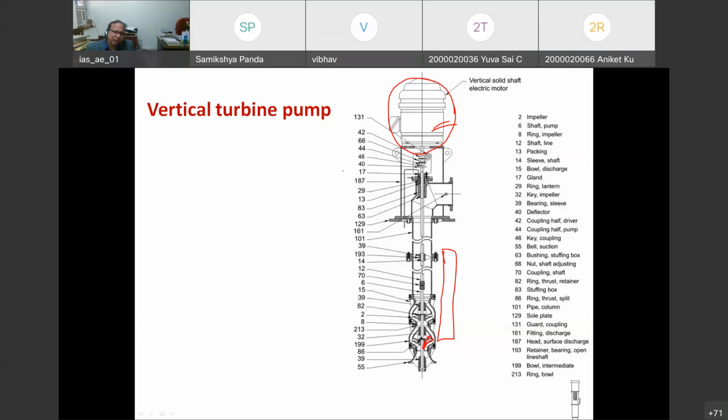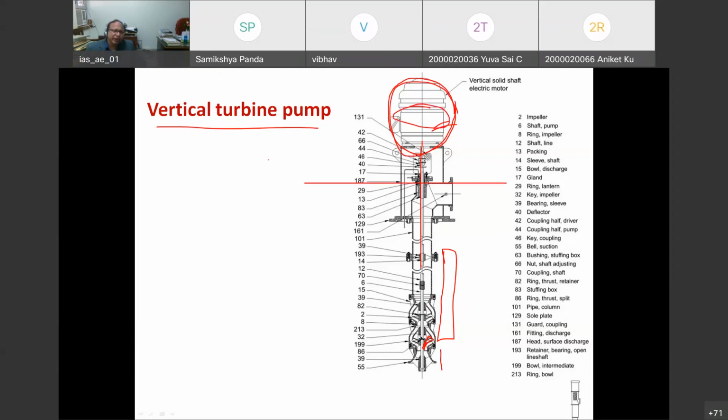So this type of vertical turbine pump was used, where the prime mover is on top of the well, above ground level, while your pump system is inside the water and connected to a rod, and this rod is connected to the electrical motor.